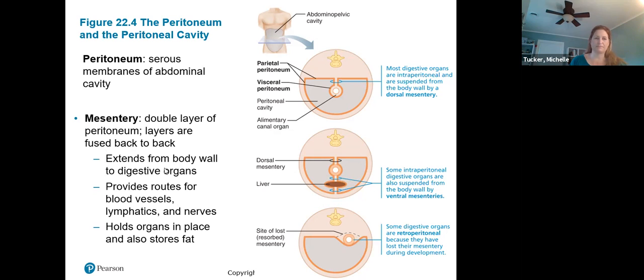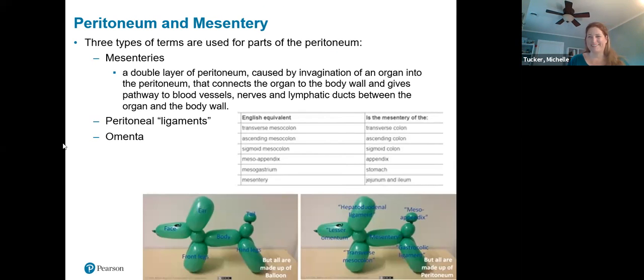The balloon dog is my new favorite example of a peritoneum. A peritoneum is this double membrane system, like a balloon animal. You've got two layers of membrane, and instead of air, you would have fluid in between those two layers.